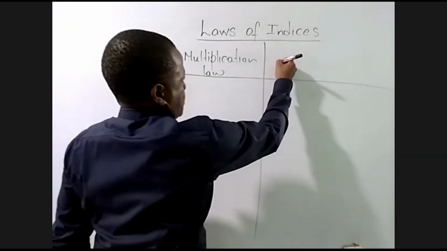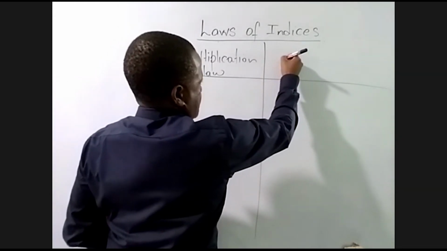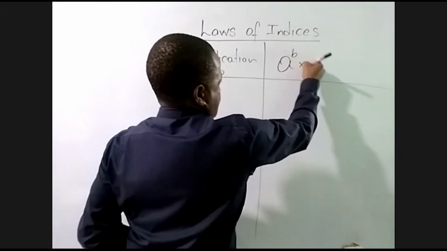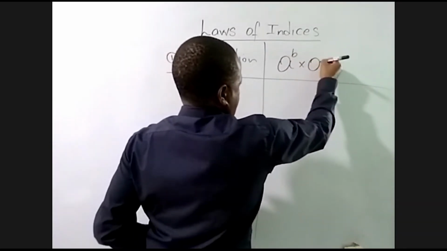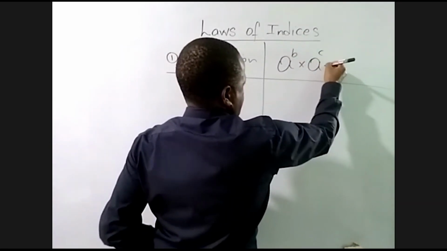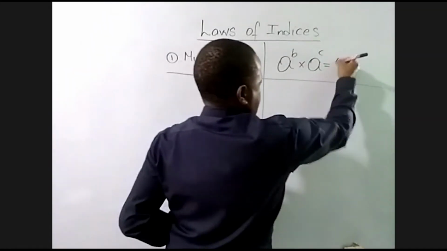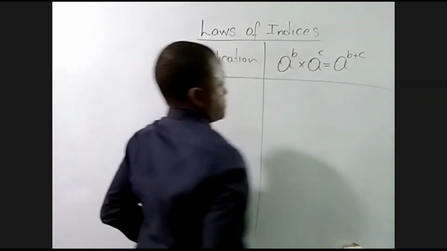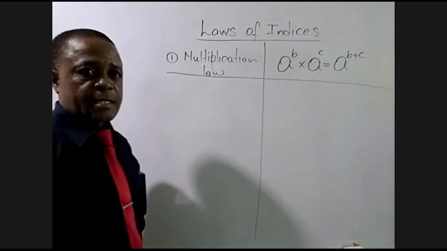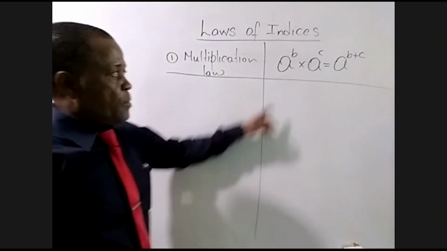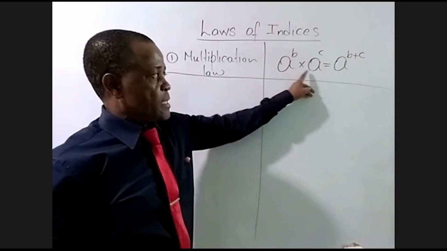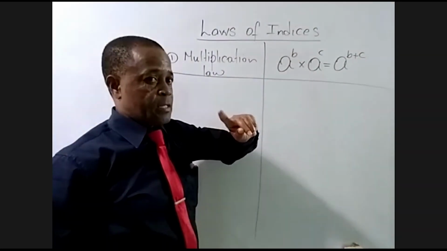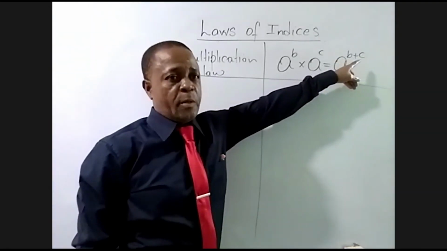Here it says if you have A to the B multiplied by A to the C, then this is now equal to A to the B plus C. That's what it is basically saying. So if you're multiplying and the bases are the same, all we need to do is to keep the same base, but we're going to add the powers.